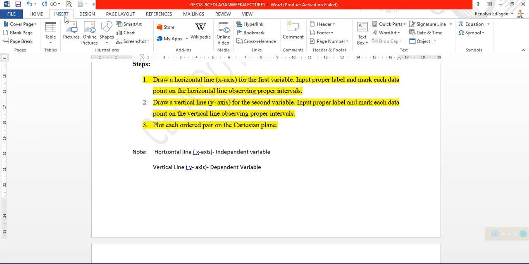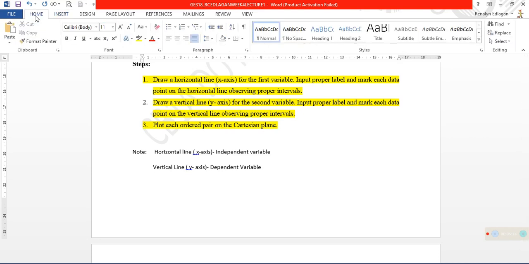Kingsoft is okay too. So, let's proceed to how to generate an instant chart or instant graph.